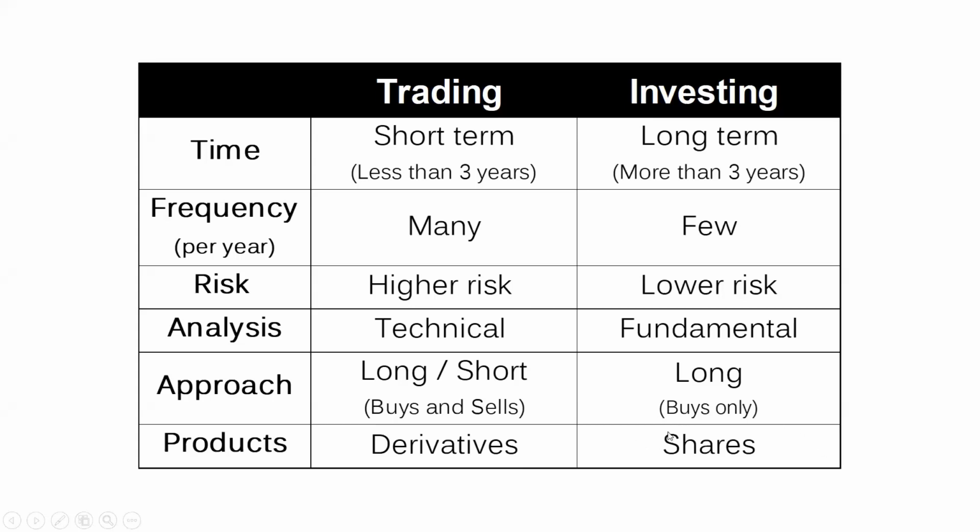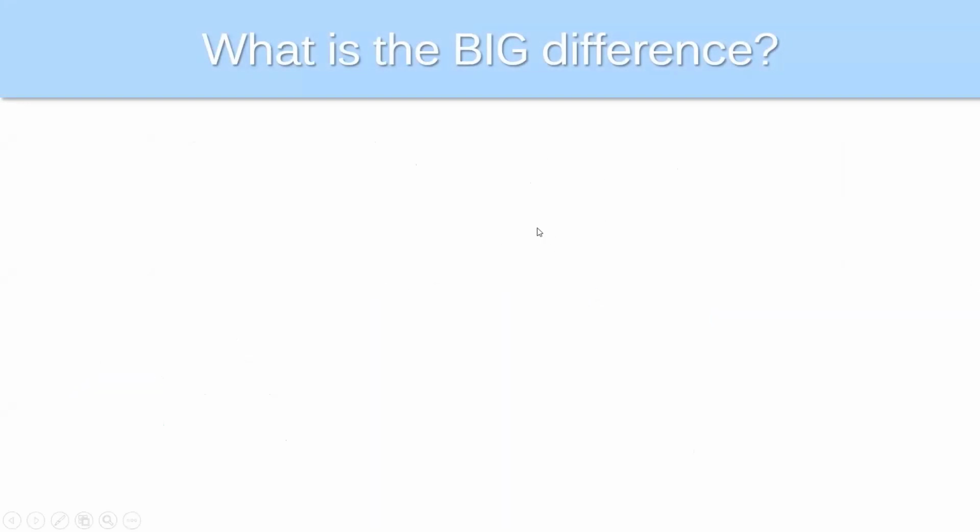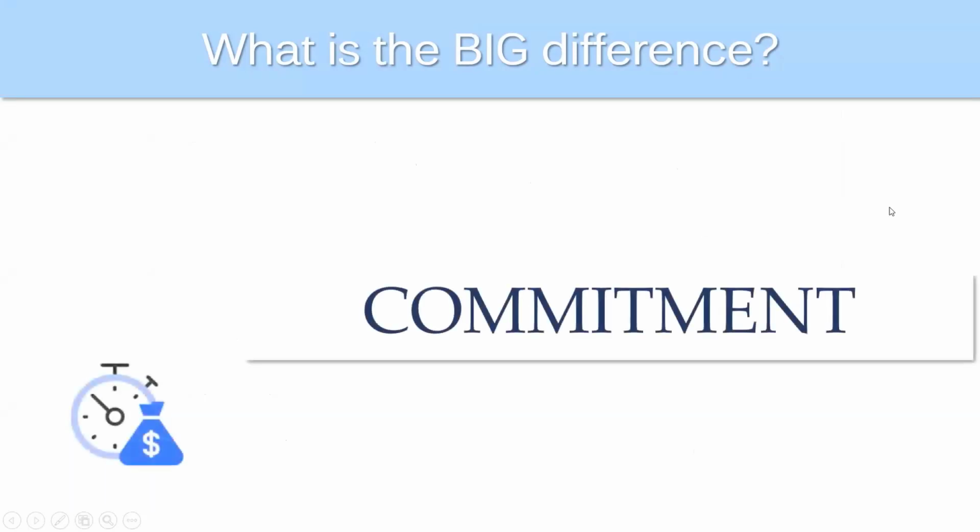And with investing, we don't want to lose more than our initial investment. So those are the differences between trading and investing. Great. And what I like to say is the big difference between trading and investing, in my opinion, is commitment. So now let's focus on CFD trading.